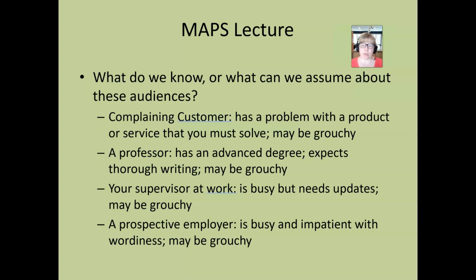Your supervisor at work is super busy and needs updates that are efficient and tight, and he's definitely grouchy. A prospective employer is busy and impatient with wordiness. He's probably grouchy. So how do you adapt your writing to address those grouchy people in different ways? How do you address them formally or informally to help them get into your message and read what you're saying more effectively?